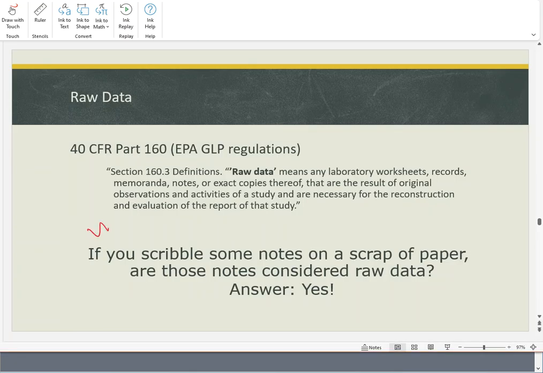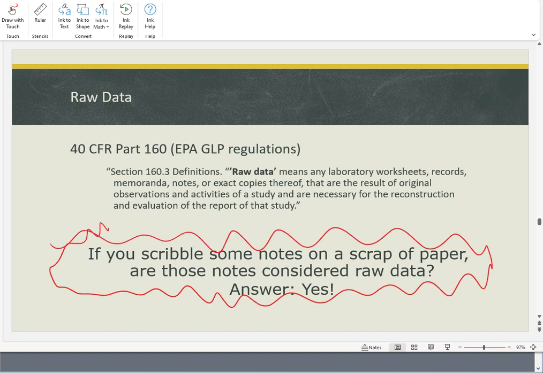And the reason is because that scrap paper, ladies and gentlemen, that is considered raw data because you recorded it in real time with permanent ink and you made a document that has to be kept.